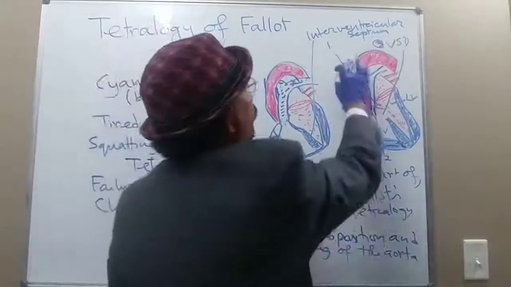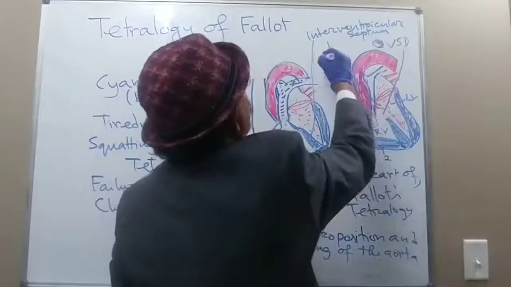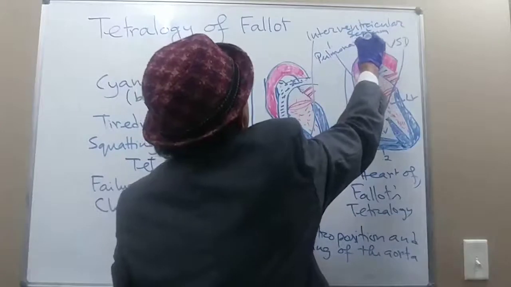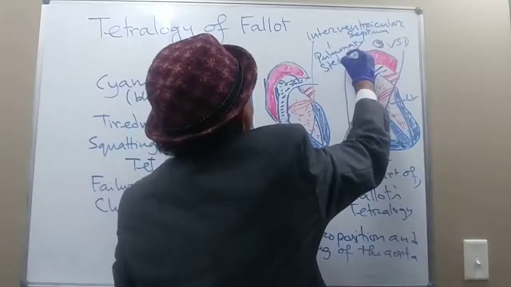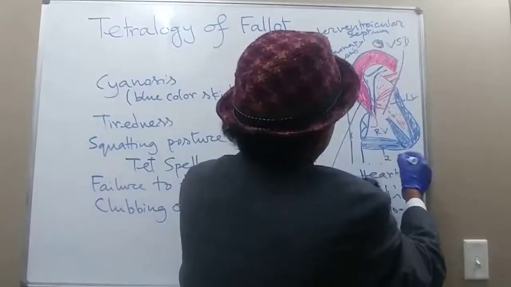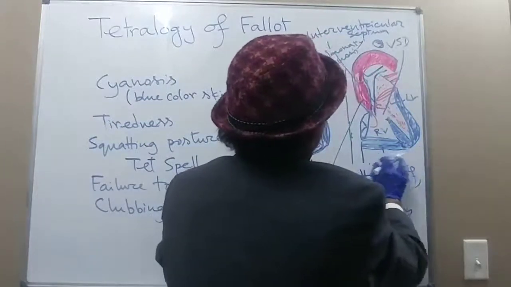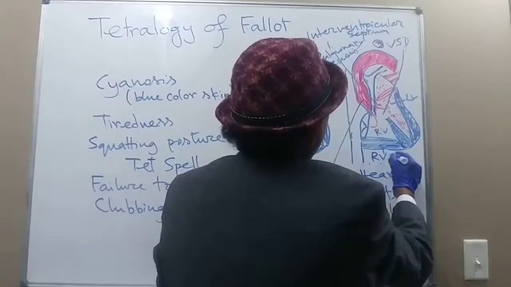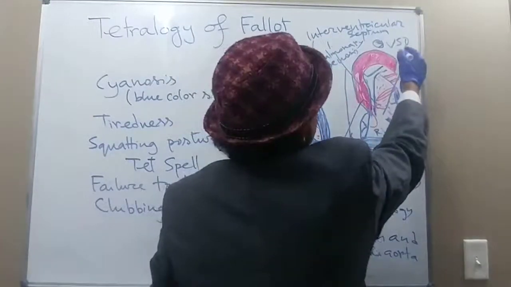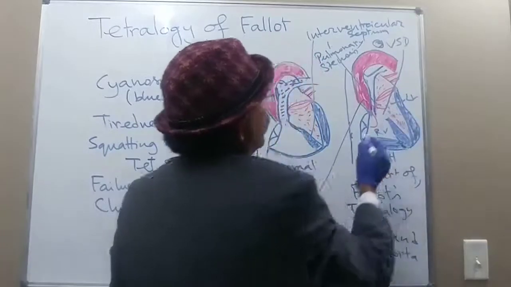This is number 1, pulmonary stenosis. Then this is right ventricular hypertrophy, and this is the ventricular septal defect.